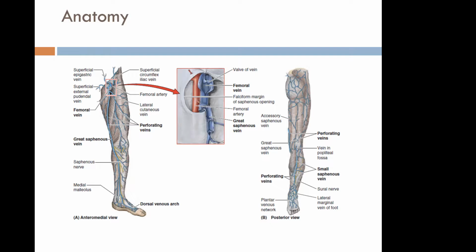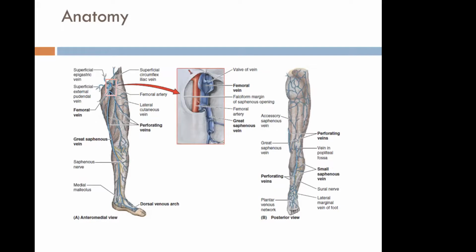Now, the superficial system, the truncal vein most people will be aware of is the great saphenous vein, which starts just anterior to the medial malleolus, running up to join the deep venous system in the saphenofemoral junction. Now, posteriorly, you have the small saphenous vein, which starts just behind the lateral malleolus, runs up between the heads of the gastrocnemius muscles to join the popliteal vein at the saphenopopliteal junction.